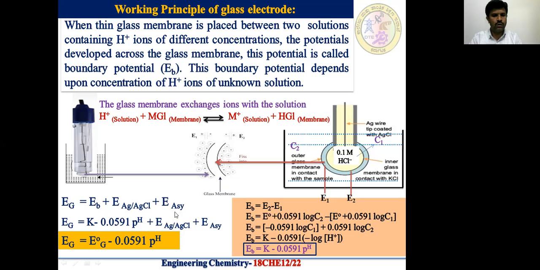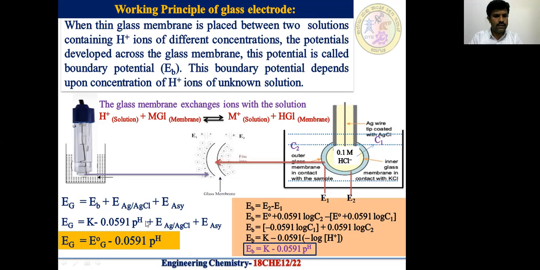That we should also include here. Hence the potential of glass electrode is equal to the value of EB, that is K minus 0.0591 pH, plus the electrode potential of Ag bar AgCl plus the asymmetric potential.